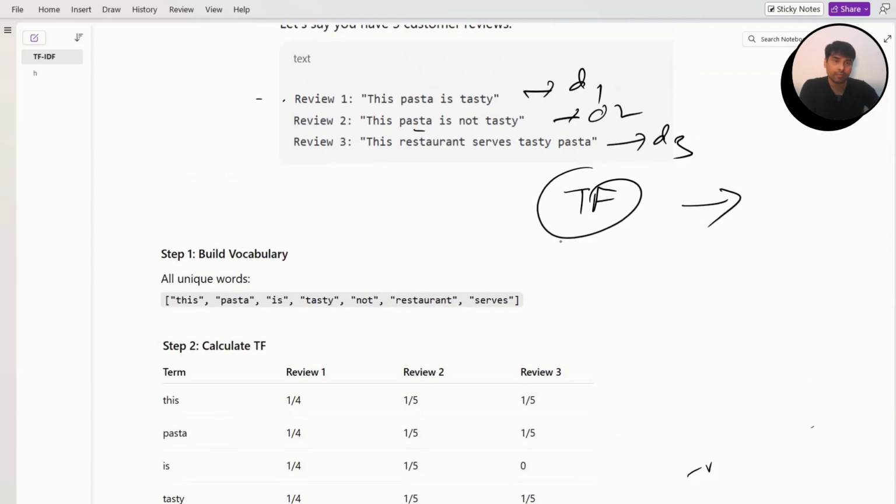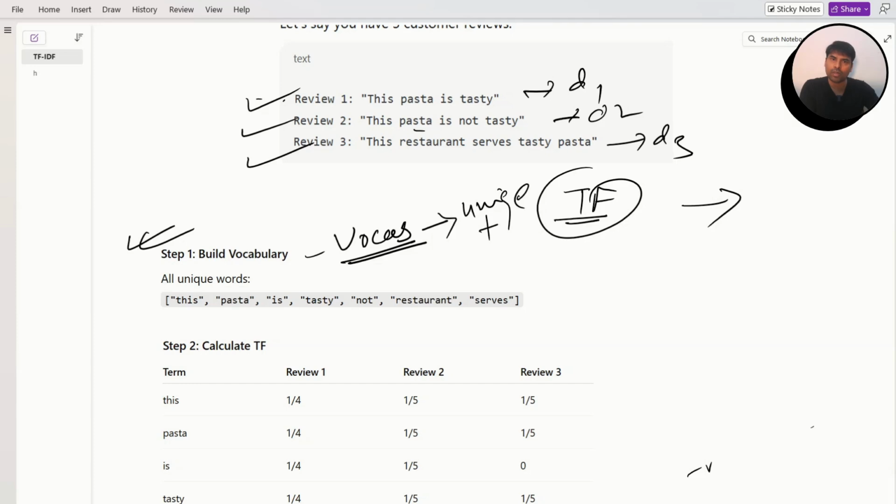In order to find the TF for all the keywords, number one, we build a vocab. I told you, we build the vocab first. Given documents D1, D2, D3, first we have to prepare the unique tokens, which is called the vocab. So what are my unique tokens? This is there, pasta is there, is is there, tasty is there.